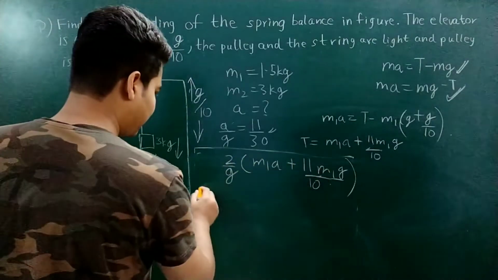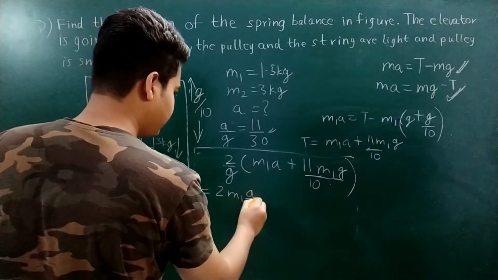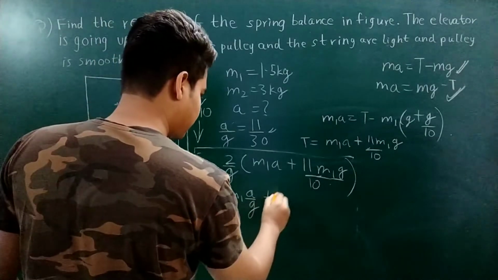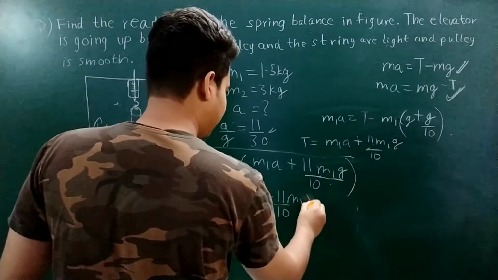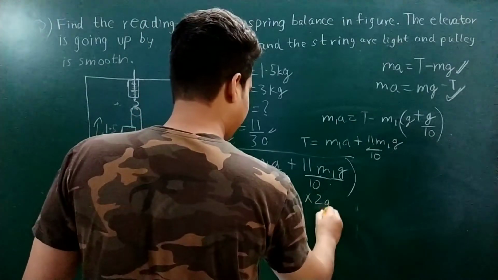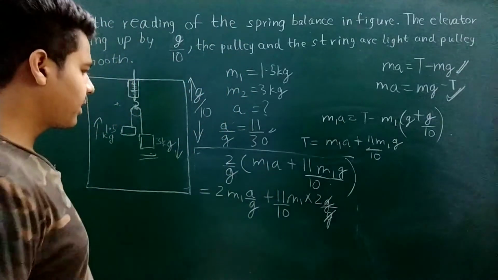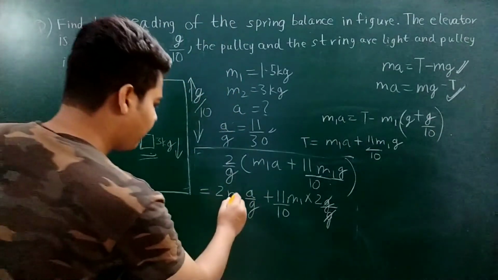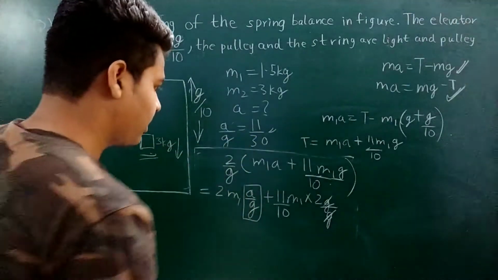So on expanding this, it becomes 2M1A by G plus 11M1 by 10 multiplied by 2G by G. G and G will get cancelled out. Now A by G, we have it here. A by G means 11 by 30.